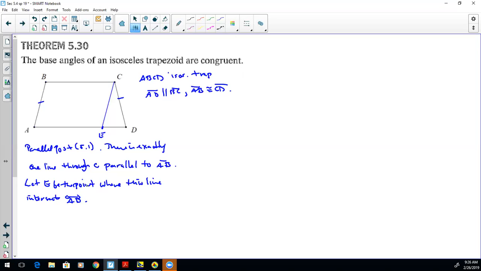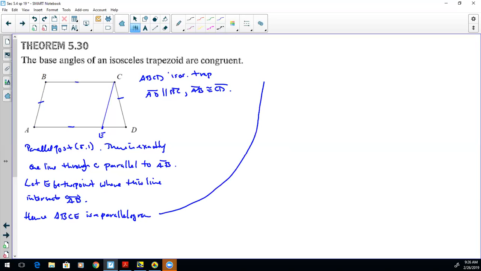Okay, now let's see what we got here. Now what we formed here is A, B, C, E. We formed a quadrilateral. We already knew that the base sides AD and BC were parallel, but now we know that AB and CE are parallel, so ABCE is a parallelogram.